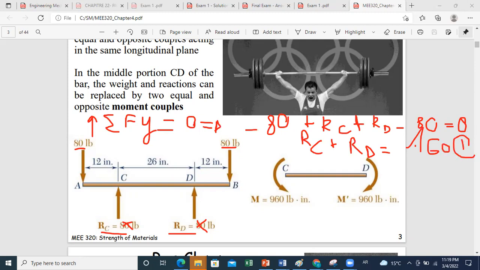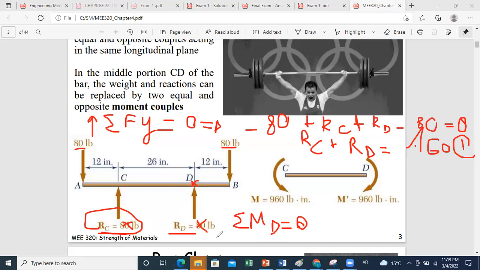Now, if you want to find the value of RC, you can, for example, do the sum of moments about D. Because if I do the sum of moments about D, RD will not have any moment since it's passing through point D. So I can determine from this equation the value of RC. The second equation is the sum of moments about D equals 0. You consider any positive direction you want.